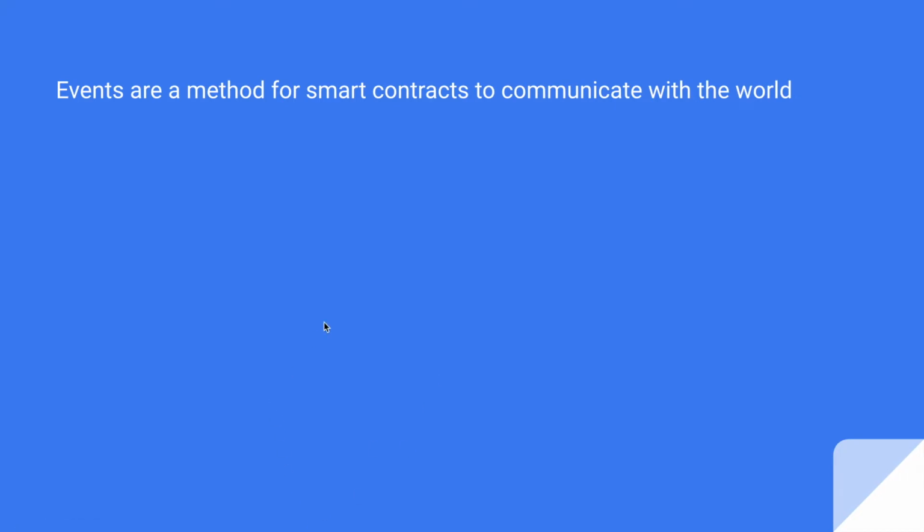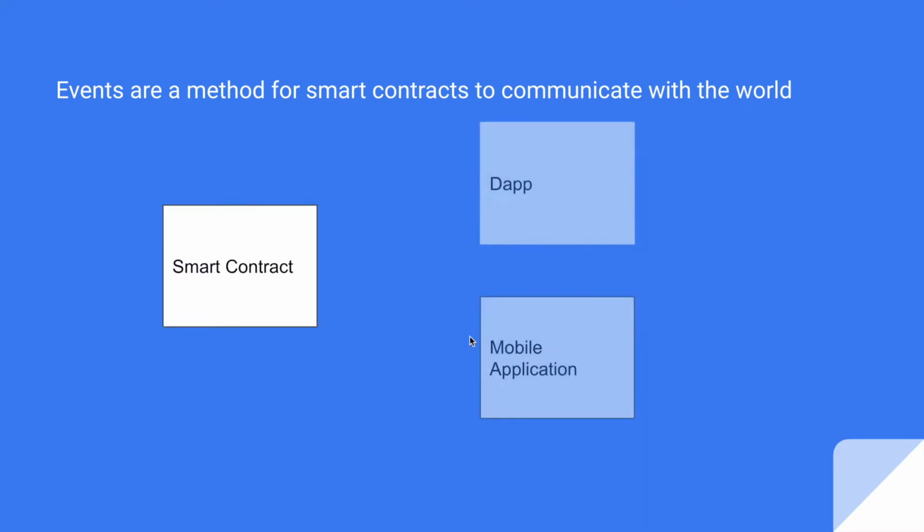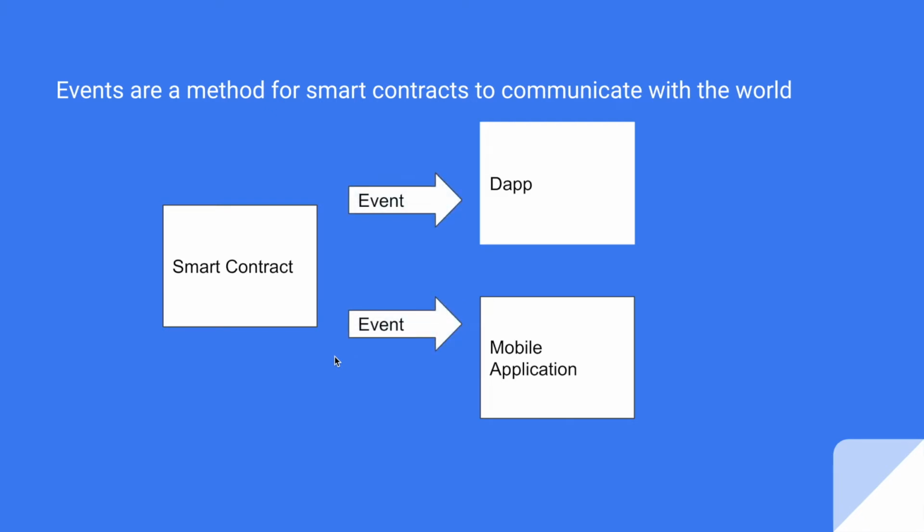So, for instance, if we have a smart contract and we have outside entities such as a decentralized application or a mobile application, we can use events to actually communicate with these two outside entities.